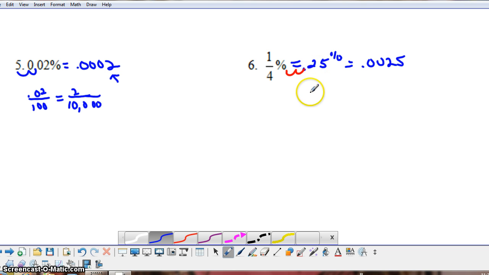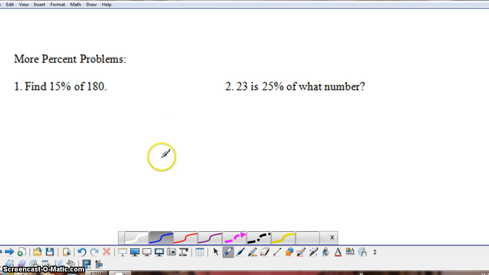So if I wrote this as 0.25 over 100, and we multiplied the numerator by 100 and the denominator by 100, we'd have 25 over 10,000. And once again, tenths, hundredths, thousandths, 10,000ths. This is 25 10,000ths.